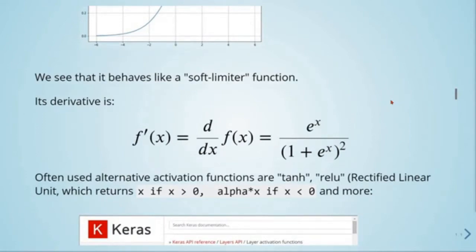Popular ones are the hyperbolic tangent, tanh, or the ReLU, the rectified linear unit. The ReLU will return x if x is greater than 0, and alpha times x if x is smaller than 0.